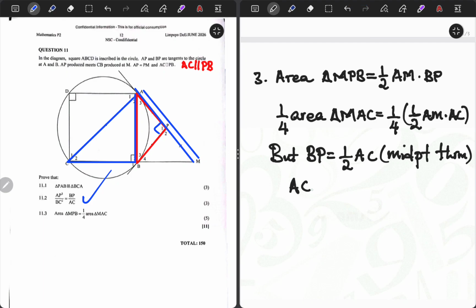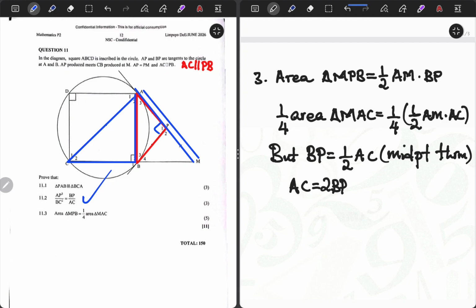So where there's AC, I can replace by 2 of BP. So I can have something of the same. My left hand side will be this one.